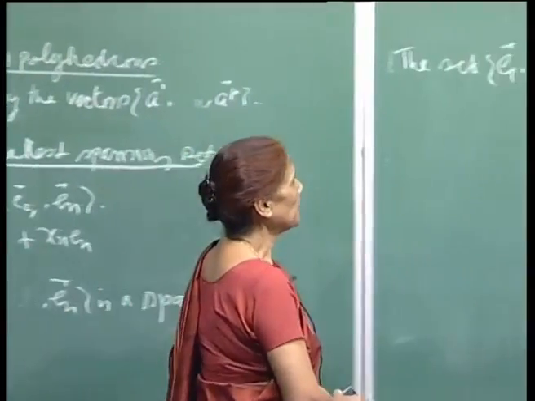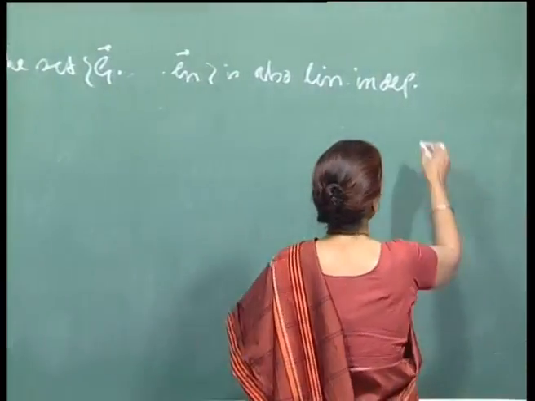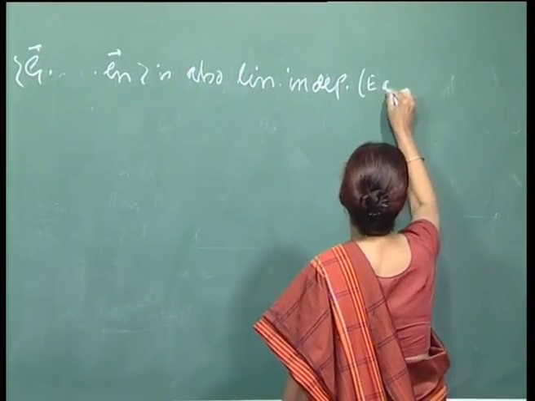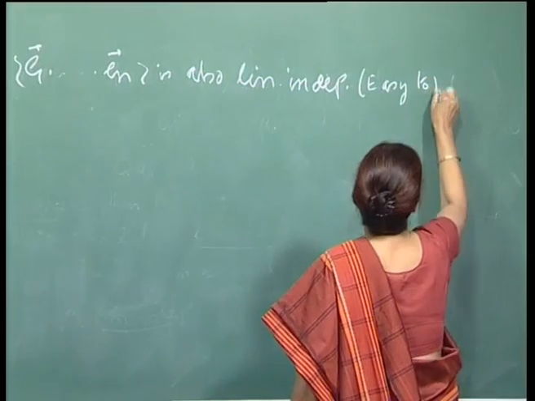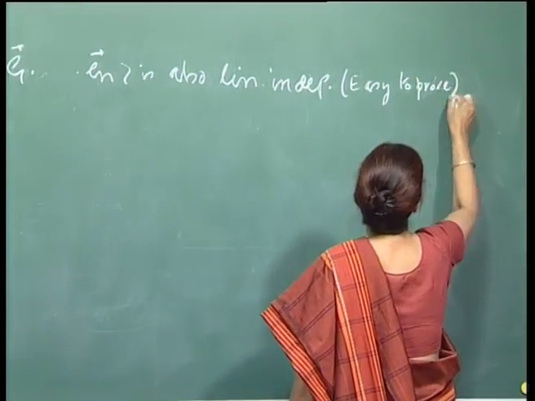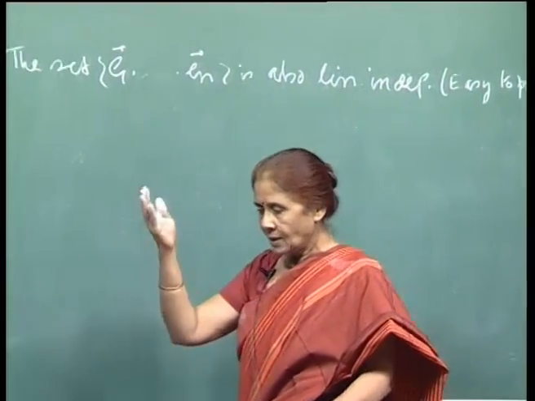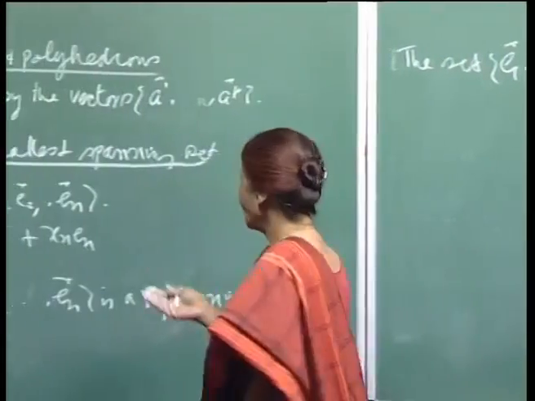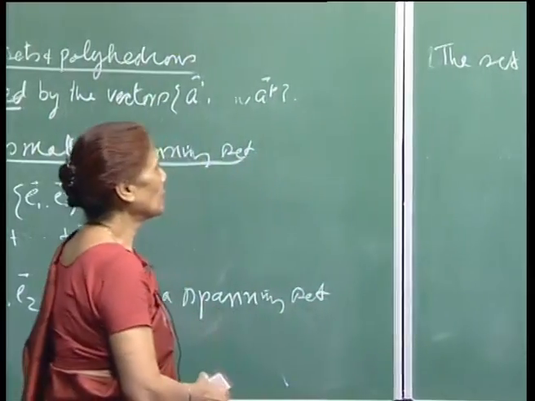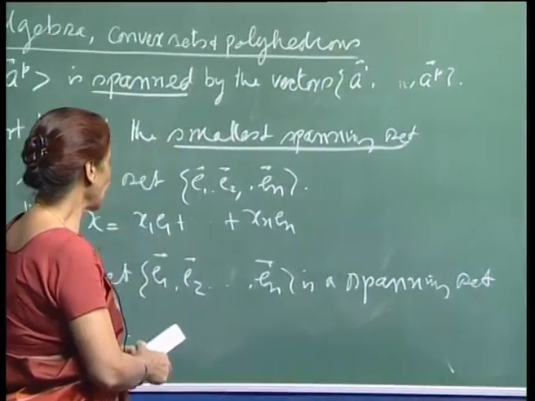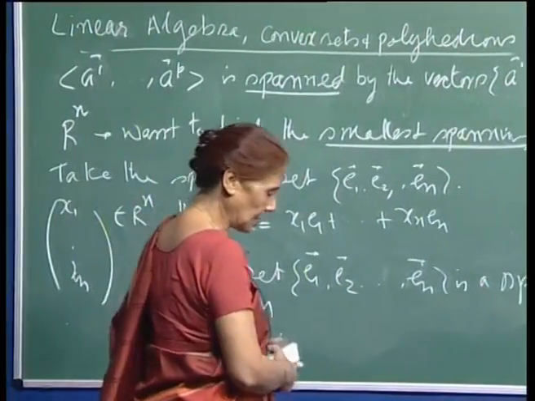So the set is also linearly independent, easy to prove, because if you take any linear combination of these vectors and put it equal to 0, then component wise these scalars will turn out to be zeros, and so you are done, right. So therefore this becomes a linearly independent set, okay.